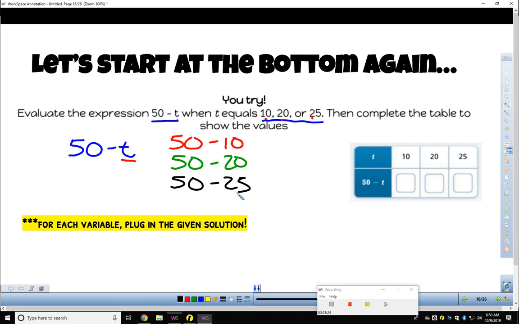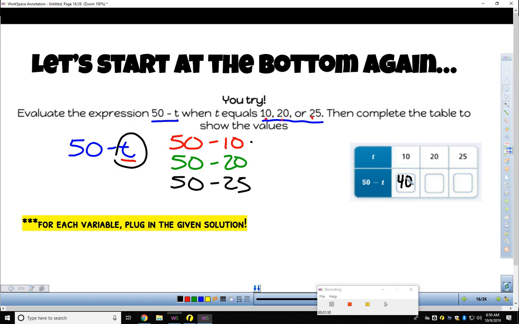And so we know that variables represent quantities that change. So let's say that t represents tater tots. And I've started with 50 tater tots on my plate. And I want to know how many tater tots I'll have left if I take some away. In the first situation, I take away 10 tater tots. So how many would I have left?